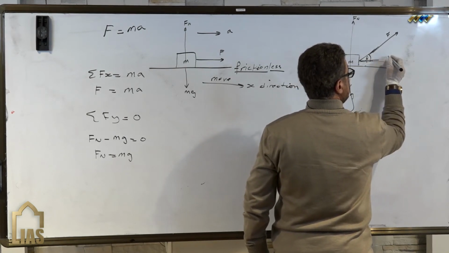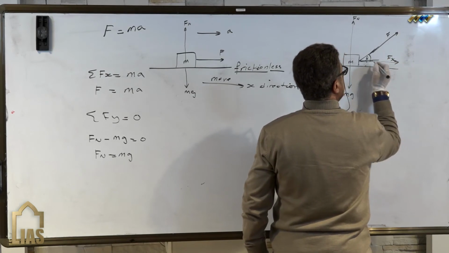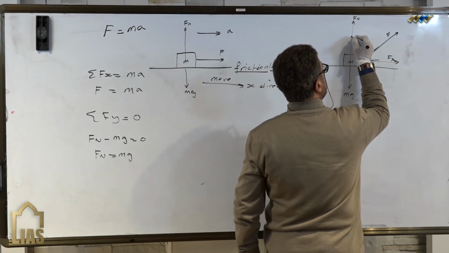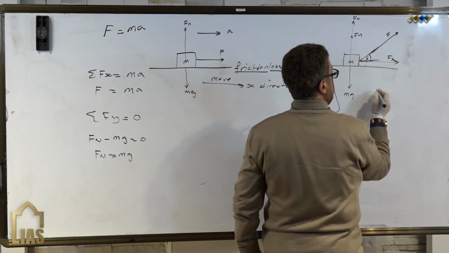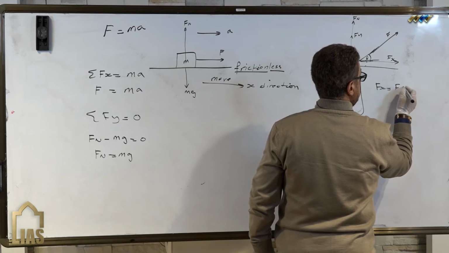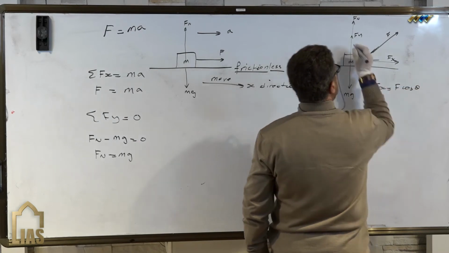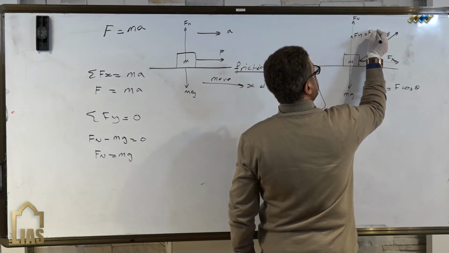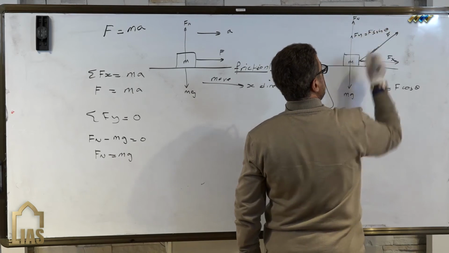We have here Fx and here Fy. Fx is equal to F cosine theta. Fy is F sine theta.